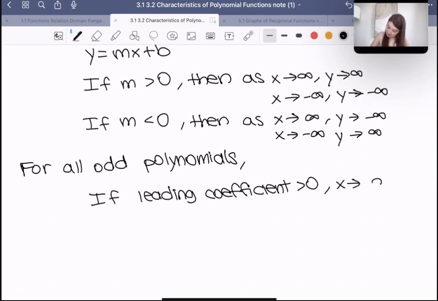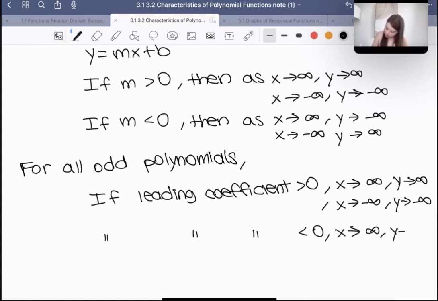As x approaches infinity, y approaches infinity, and as x approaches negative infinity, y approaches negative infinity as well. And then same thing if the leading coefficient is less than 0, then as x approaches infinity, y approaches negative infinity, and as x approaches negative infinity, y approaches infinity. So it follows the same pattern for all odd degrees.